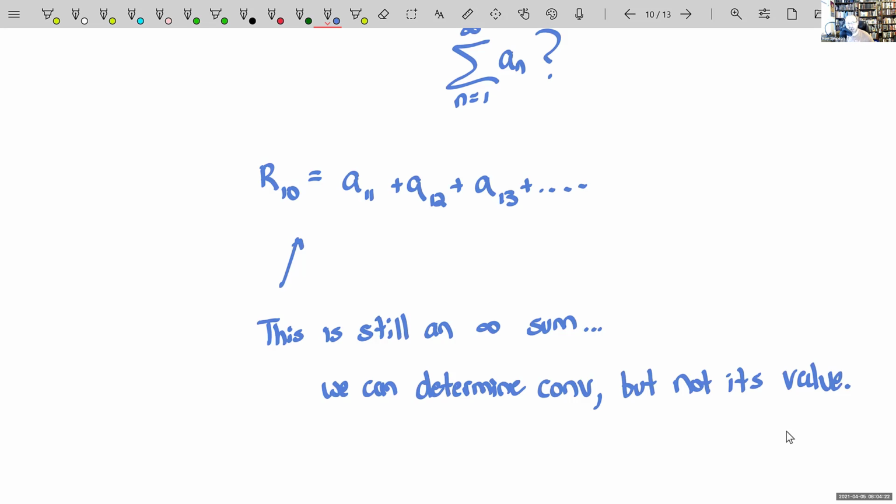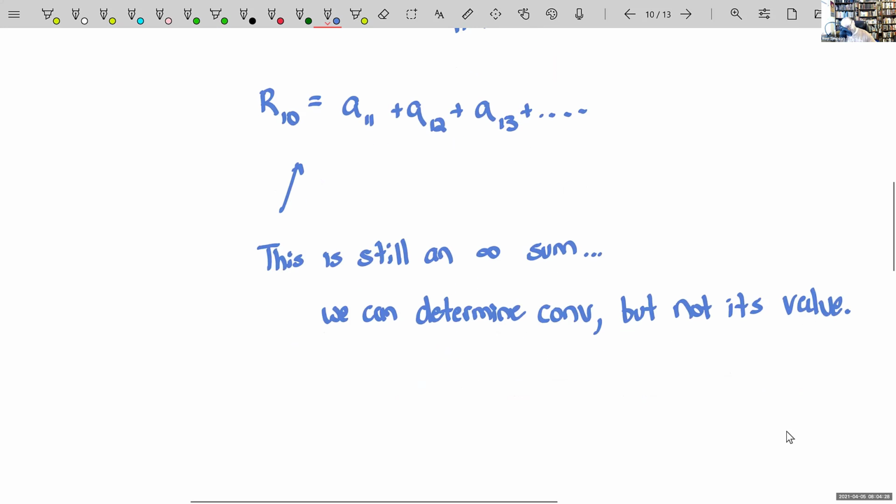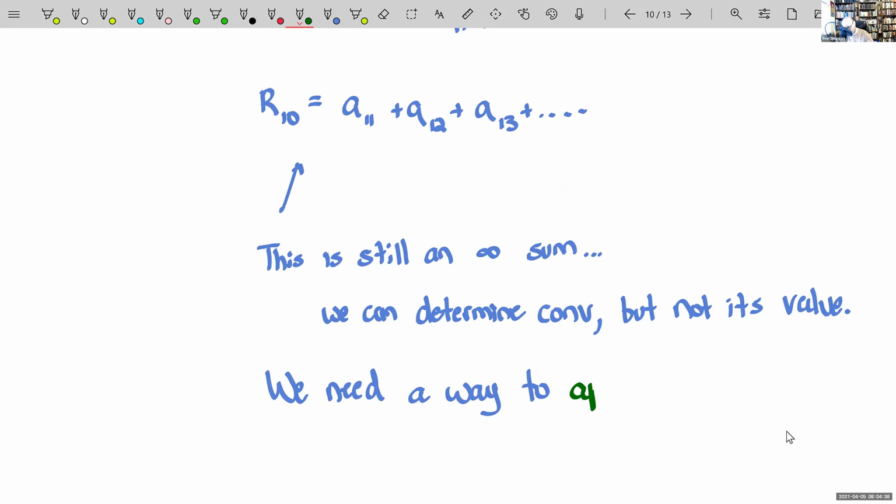But if it's not geometric, you just can't determine its value. So what are you going to do? Well, we need a way to approximate this error.